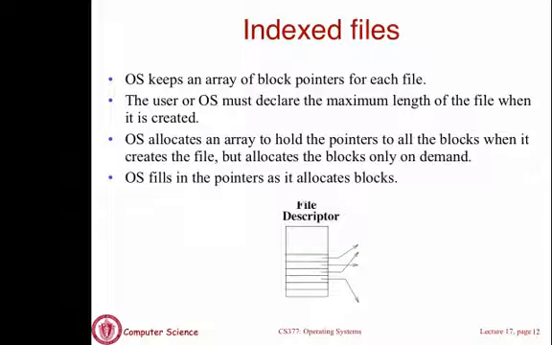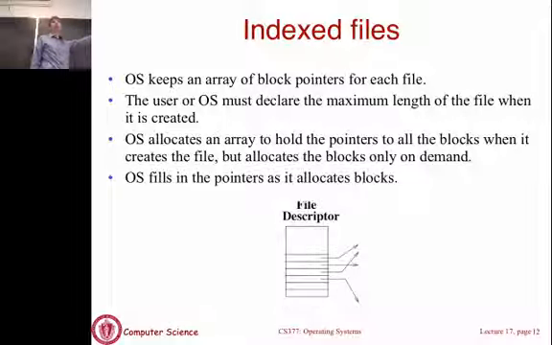So all of these things are actually stored on the disk as well. Now, typically, you're not going to do another read every single time to access one of these pointers. You'll read a copy of the file descriptor into memory and use that. But this is ultimately sitting on disk. You'll read it into memory when you actually want to use it.